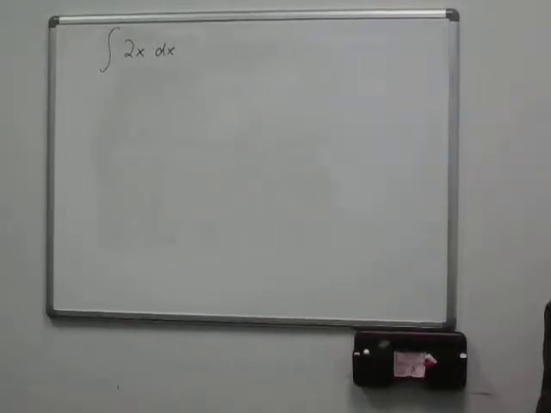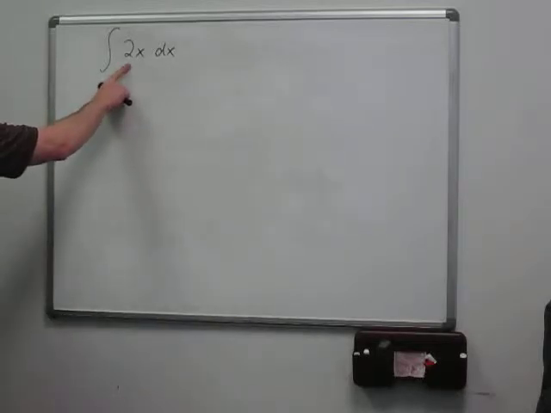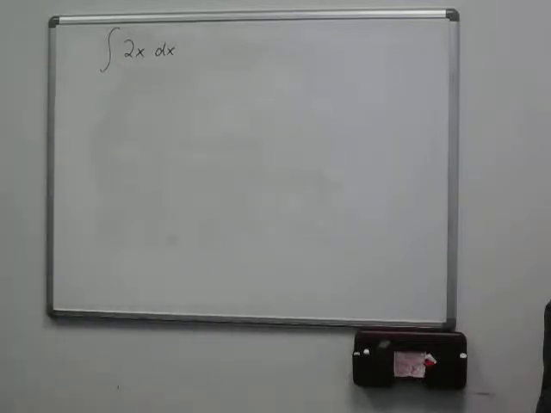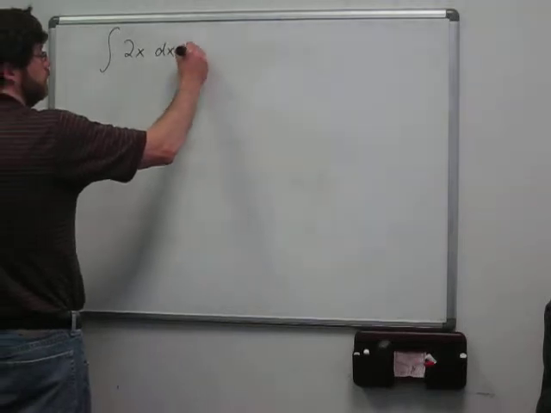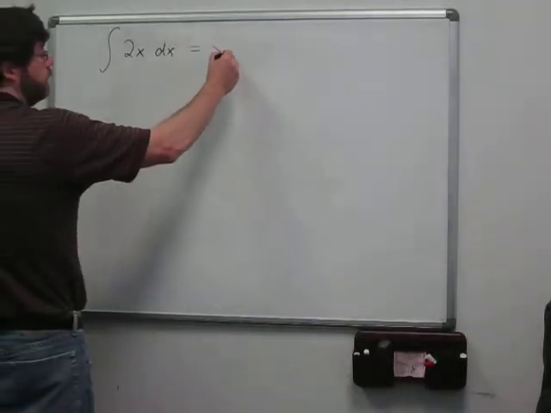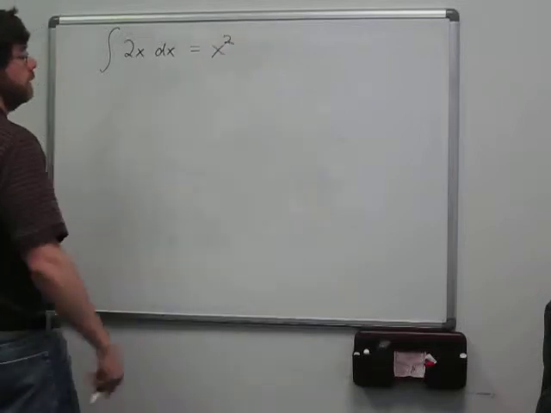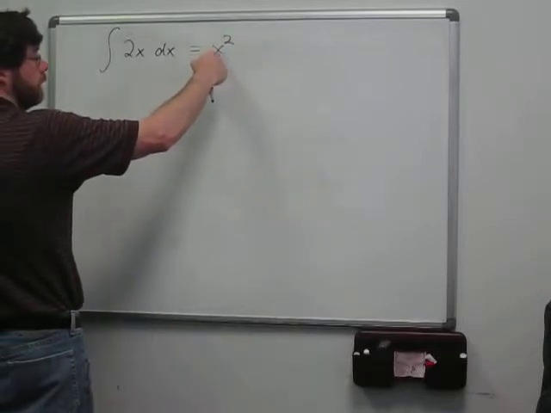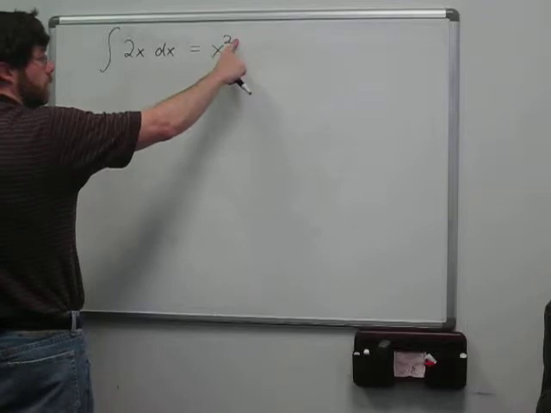Having reviewed antiderivatives of constant functions, let's make things a little more complicated and look at integrands with an x in them. So here I want to find the antiderivatives of 2x with respect to x. Now, recalling our work from derivatives, we know that if we take the derivative of x squared, we bring the power down and multiply and subtract 1 from the power.